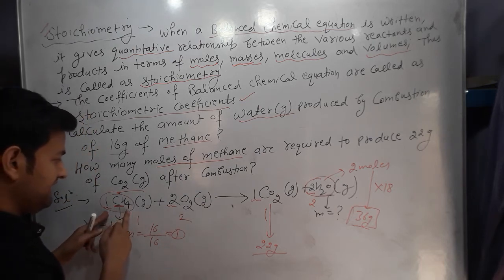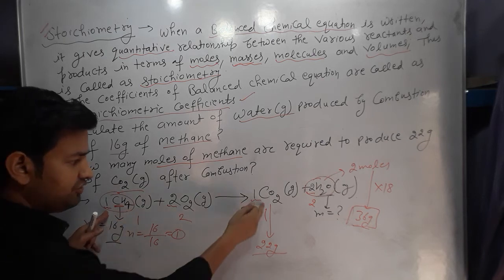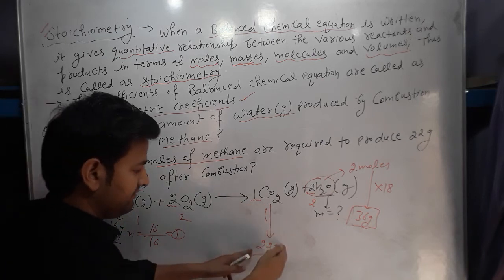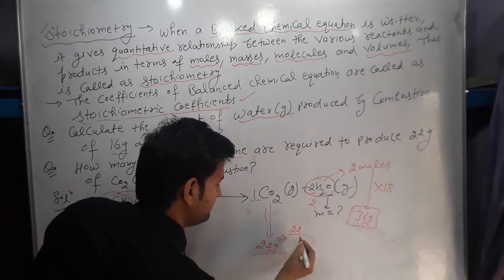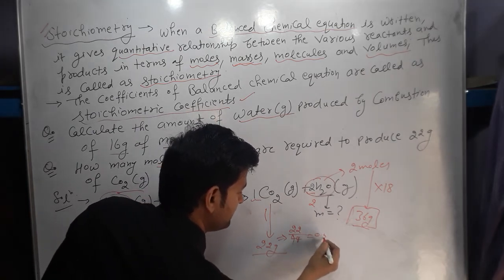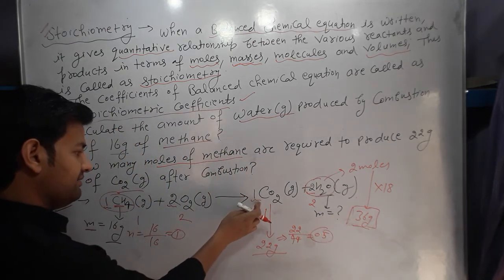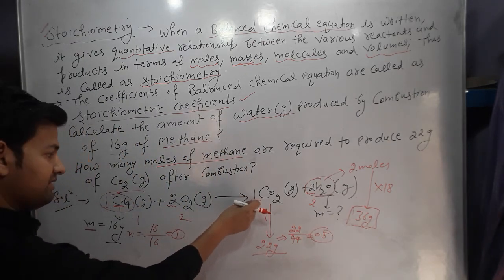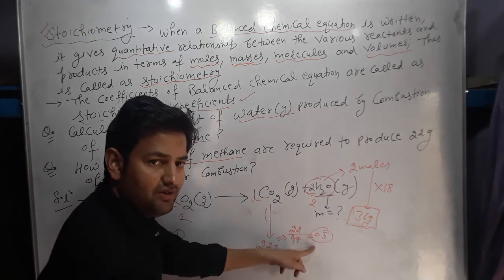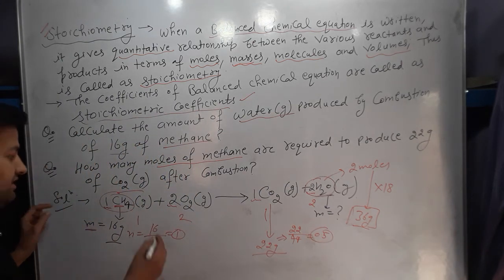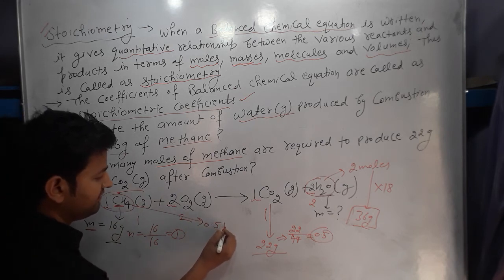1 mole of methane undergoes combustion and produces 1 mole of carbon dioxide, and here the mass is given, so we can calculate the number of moles. The molar mass of carbon dioxide is 44, so the number of moles is 0.5 mole. If the production of 1 mole of carbon dioxide requires 1 mole, then for the production of 0.5 moles, the number of moles of methane required is also 0.5 moles.